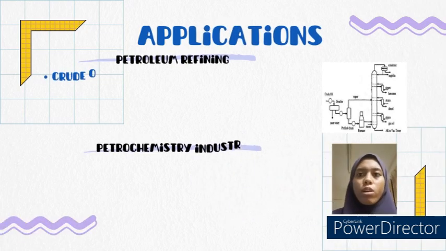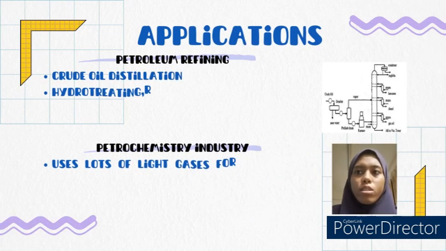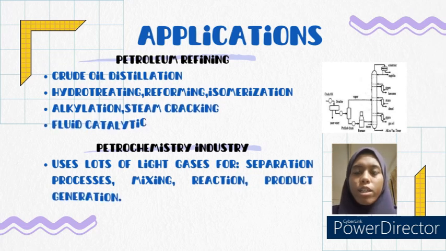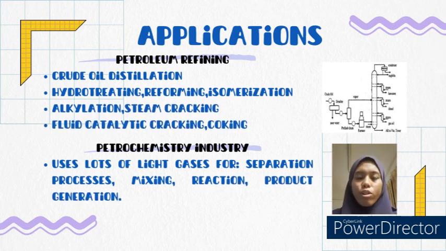I will explain the applications of the flash column. Flashing systems are very common in several industries for their ability to separate vapors from liquids. One of the top industries using this system is petroleum refining. The amount of components that might be flashed depends on the pressure, temperature, or composition of the stream.